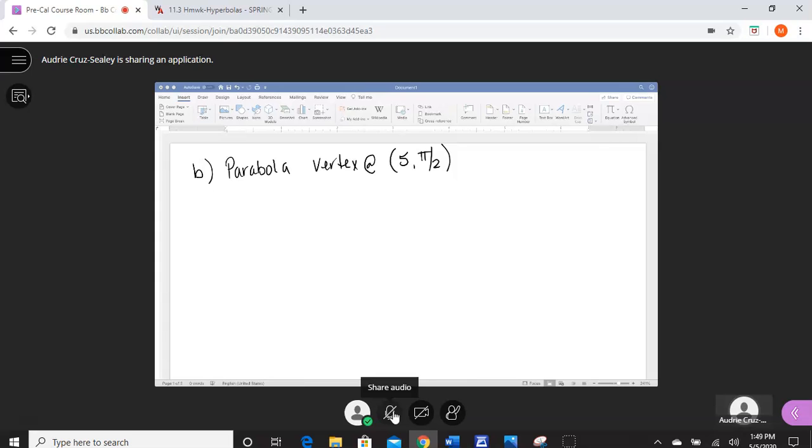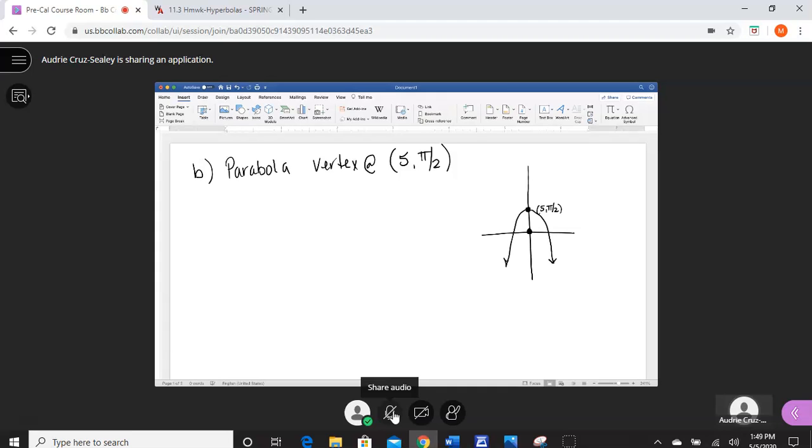So if I were to draw this picture, that means that you have a focus at the pole, right? And then 5 pi halves. Wouldn't 5 pi halves be here? So then it's going this way since it's a parabola.